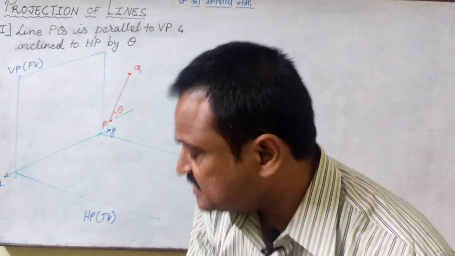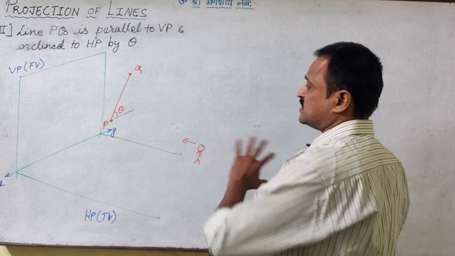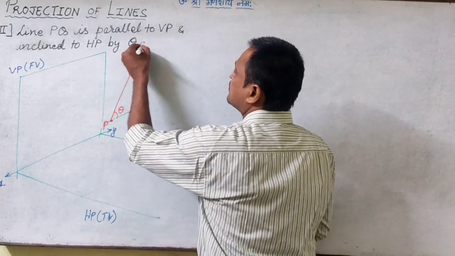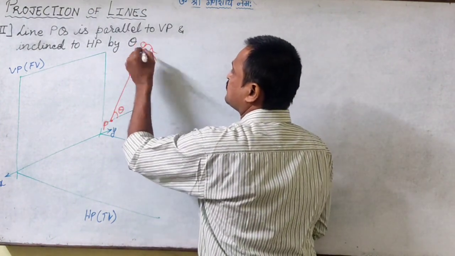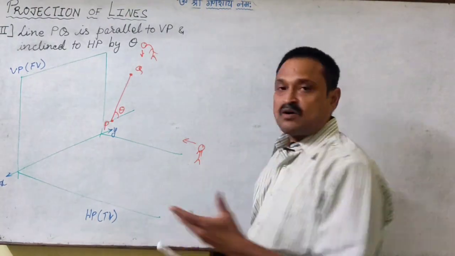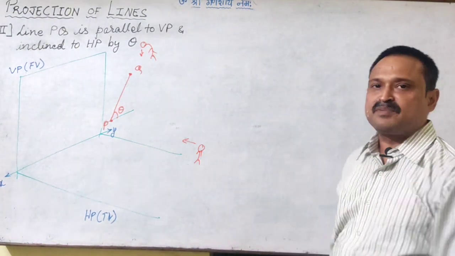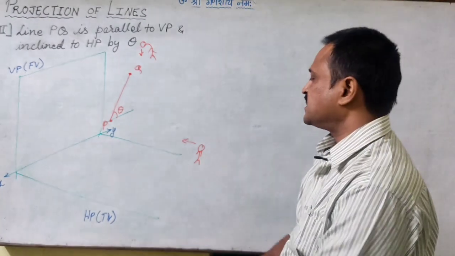So again we will apply the same funda. We will take two images, one looking at it from the front, the other when we look at it from the top. Projector conditions for orthographic projection: the projectors will be parallel to each other and perpendicular to the plane on which we are taking the image.